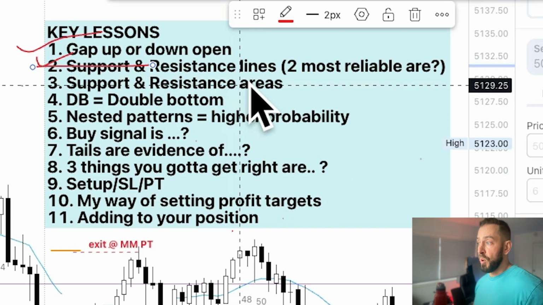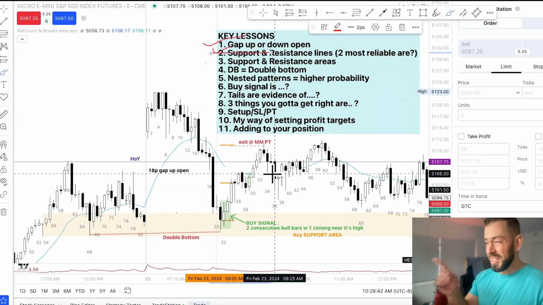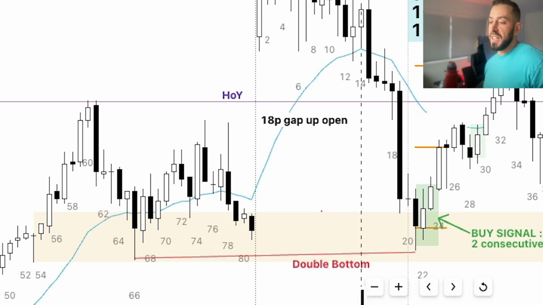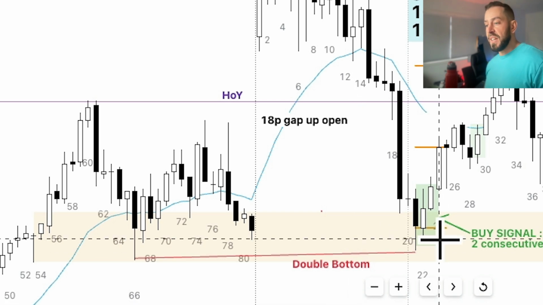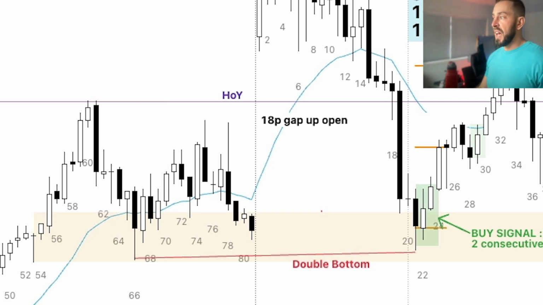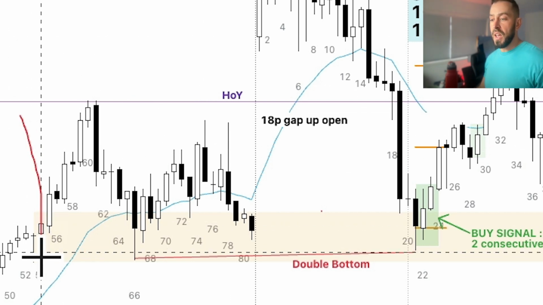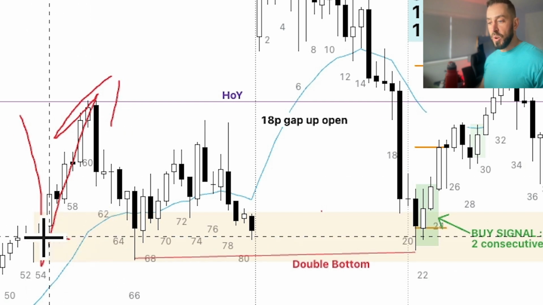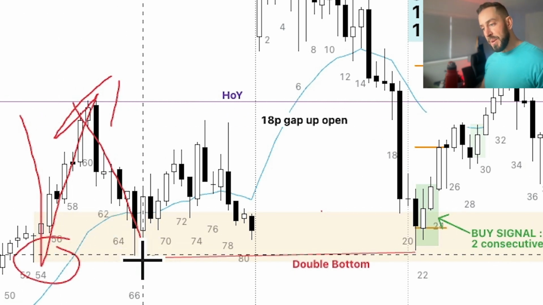And number 3, support and resistance areas. There's support and resistance lines, but there's also support and resistance areas. So look down here. I've marked a key support area. When you see a key support area, what does that mean? That means that the price has gone into that area and it's bounced out of that area multiple times. So it happened once here, and then it happened here again.